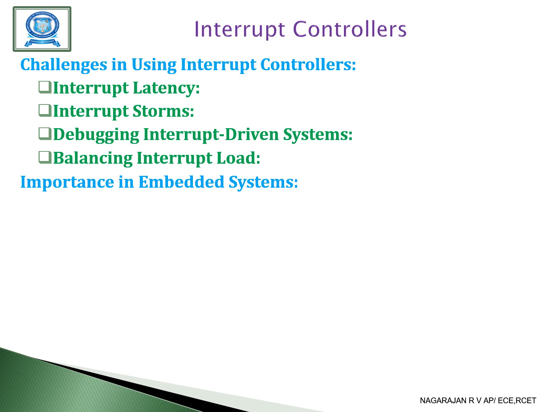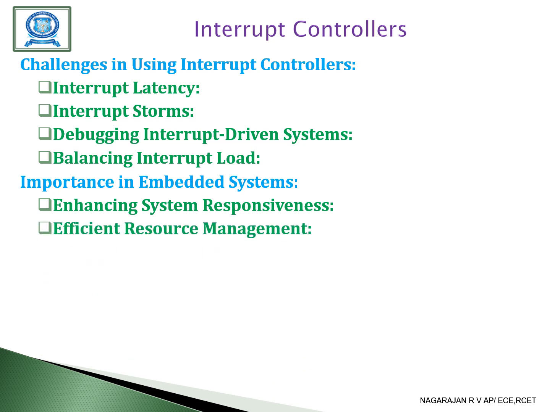Now let us see the importance of using an interrupt controller in embedded systems. The first one is enhancing system responsiveness. Interrupt controllers are crucial for maintaining the responsiveness of embedded systems, allowing them to quickly react to external events and process tasks in real time.